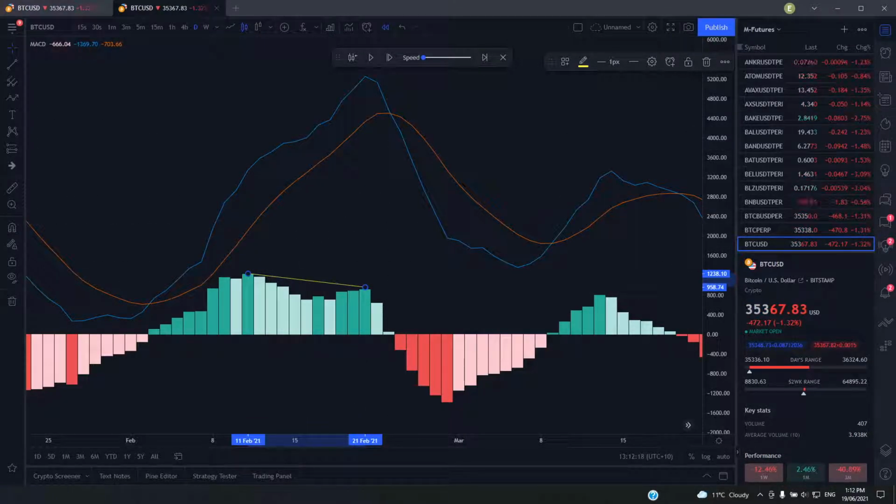The exponential moving averages moving in unison with the uptrend, though the histogram is moving in a downtrend, shows us bearish divergence and is a signal to sell soon.